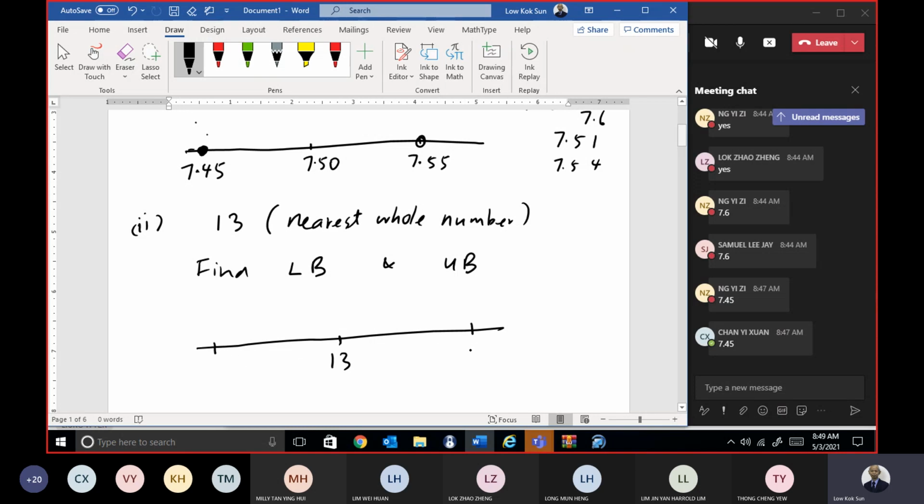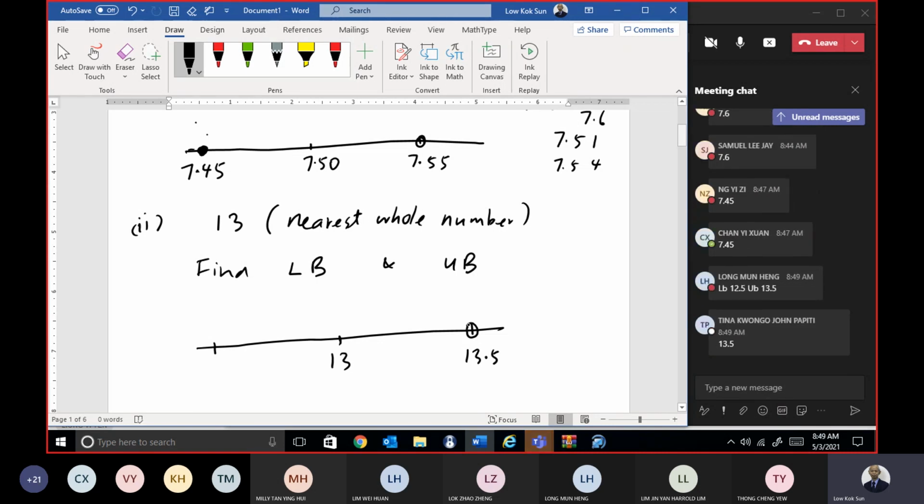What is the upper bound? Before you round up, what was the upper bound? 13.5. But we tell people it doesn't include the 13.5, the dot itself.